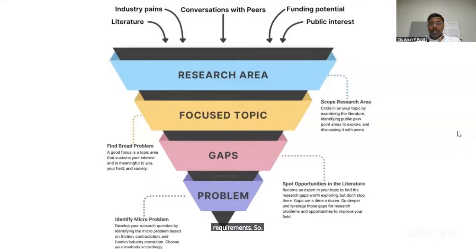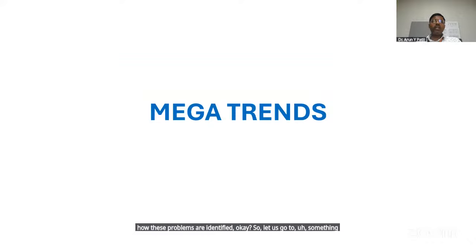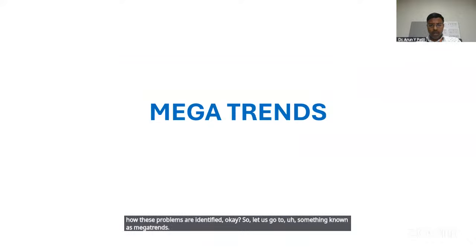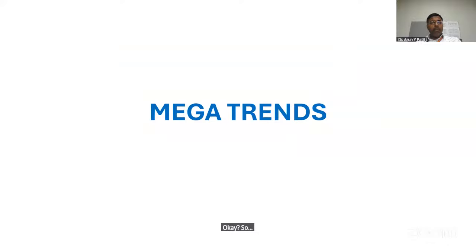So I'll be more keen to give you an exposure now to how these problems are currently identified. Okay, so let us go to something known as mega trends. Okay, so I'll be proposing two very important parameters today.